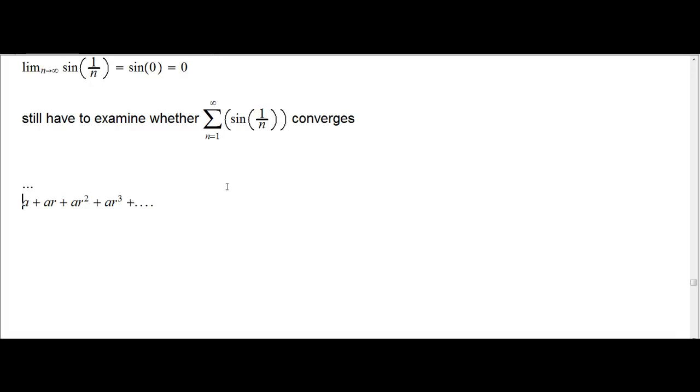Now you can look into the lessons that I posted, that this converges to a over 1 minus r, if and only if the absolute value of r is less than 1, right? Otherwise it diverges.